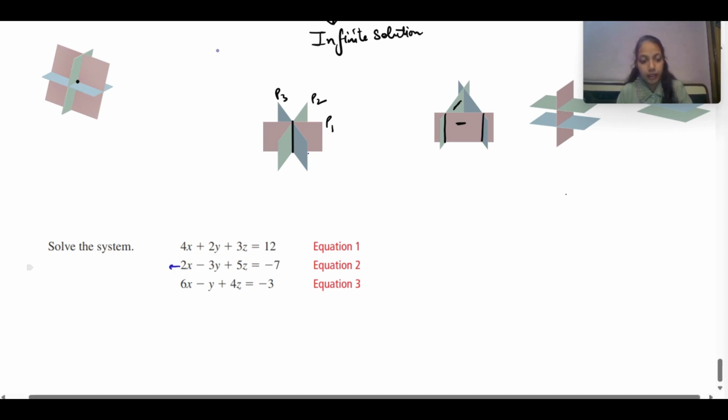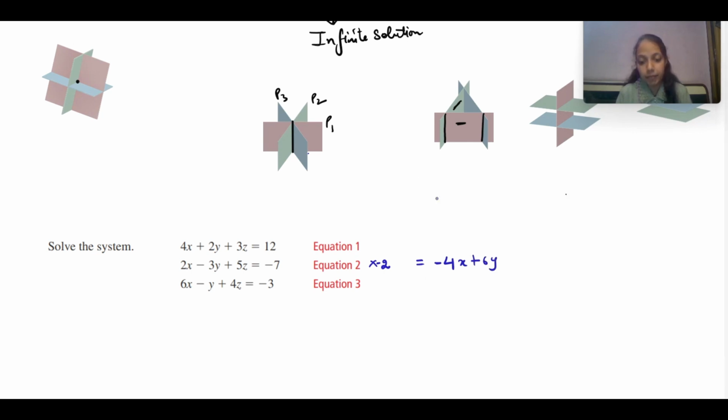Let's see. Multiply equation 2 with 2. It becomes 4x minus 3y. Instead of 2, I am multiplying with negative 2. So negative 4x plus 6y minus 10z equals 14.